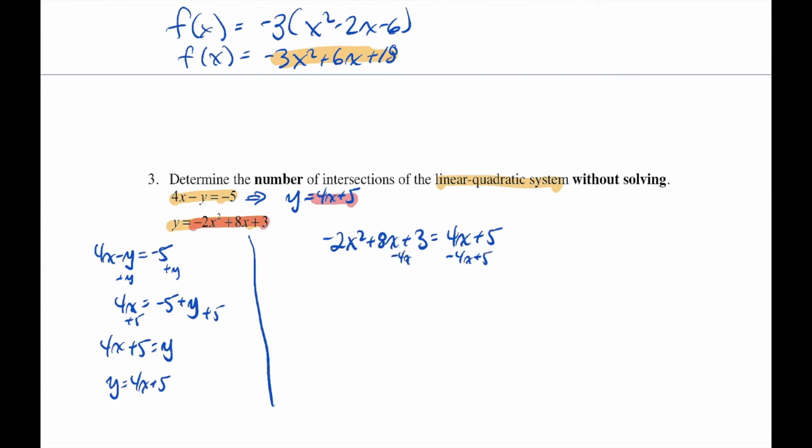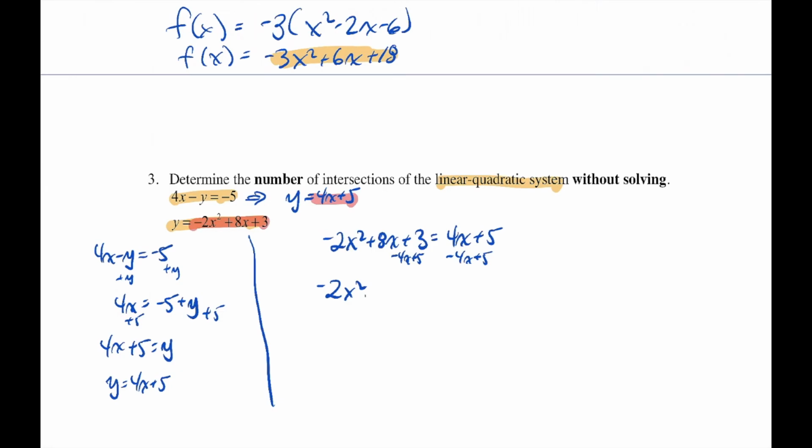Here I want both sides to be equal to 0, because what I eventually want is to look at the discriminant. Since I want to know the number of x values that make this equation true, which tells me the number of x values that make both equations true in our system, we're going to use the quadratic formula and the discriminant, because the discriminant will tell us how many solutions there are. So here we get minus 2x squared.